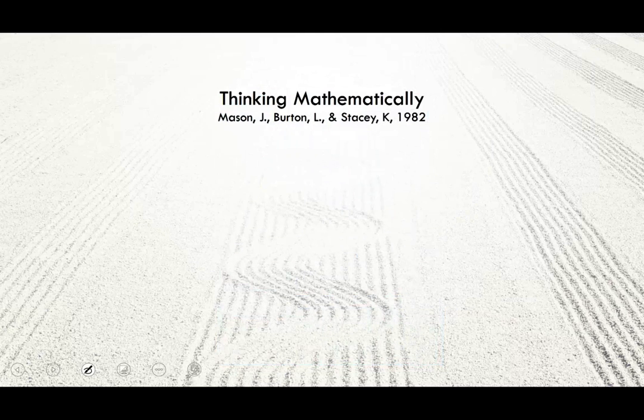So again, we need to think about how you nurture students to develop mathematical thinking, including problem solving and reasoning. First, all students should be able to think mathematically if we teach well.